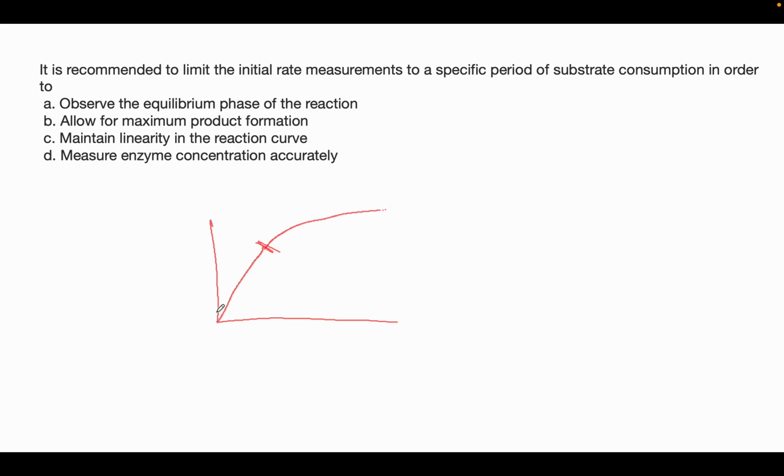So we do initial measurements. It allows us to maintain the linearity. We have sensitive operations occurring in the linear phase. So in order to maintain the linearity, we measure at initial rate.